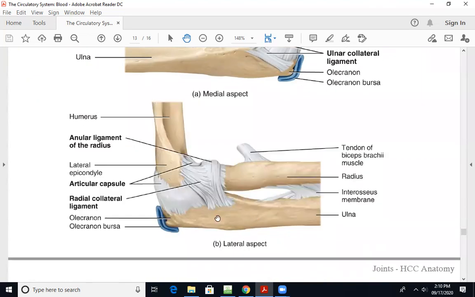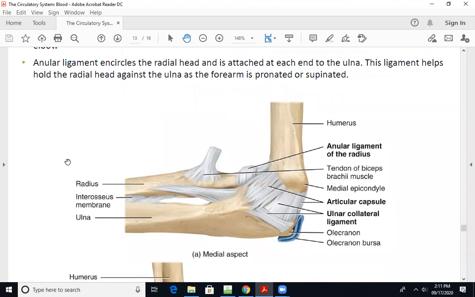We still see the ulna here in our lateral view, but if you pay attention to which bone the ligament goes to, it'll be pretty easy to tell the ulnar from the radial. In fact, it's also super simple because remember, ulna is pinky side, so ulna is medial.